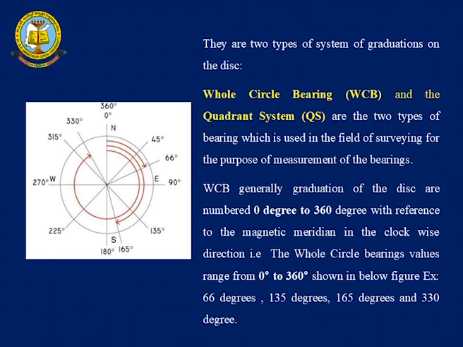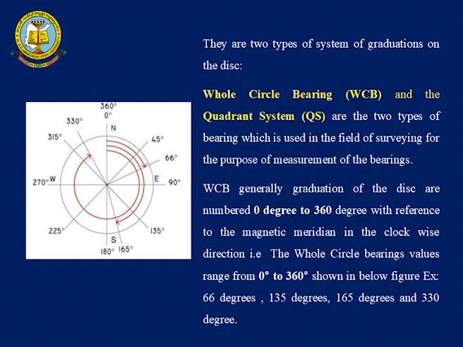In this figure it is showing that the whole circle bearing has readings from 0 degrees to 360 degrees. Now, how will you determine the bearing in the whole circle bearing? You determine it from 0 to 360 degrees with reference to the magnetic meridian in the clockwise direction.